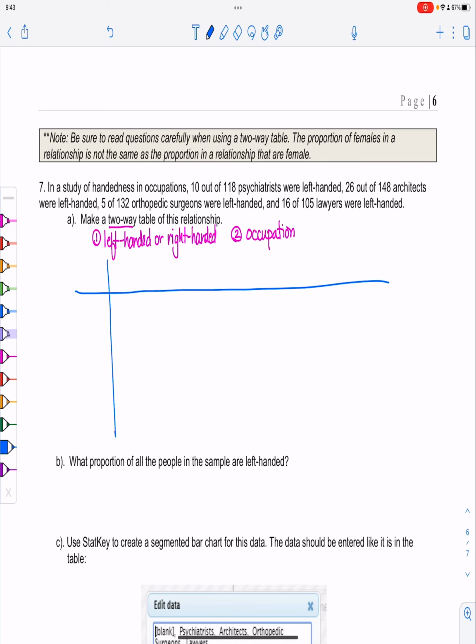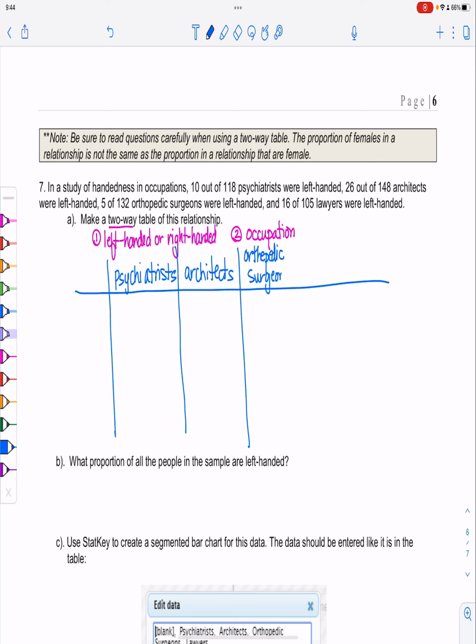We've got psychiatrist, architect, orthopedic surgeons, and then we have lawyers.